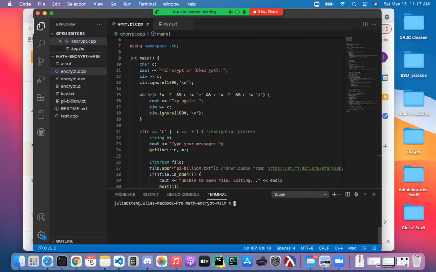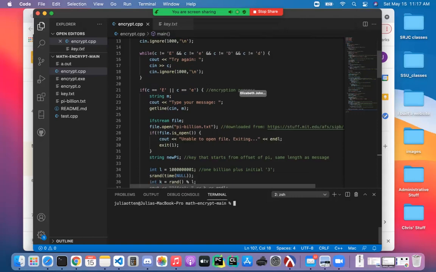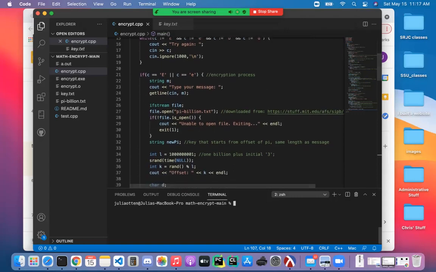So here is our code. The program asks the user whether they want to encrypt or decrypt their message. For the encryption process, the user types their message, and the program opens the text file for the first billion digits of pi, which is downloaded from the MIT website.